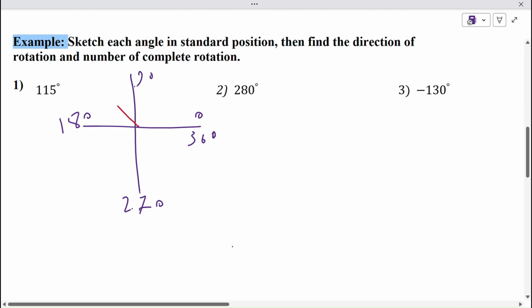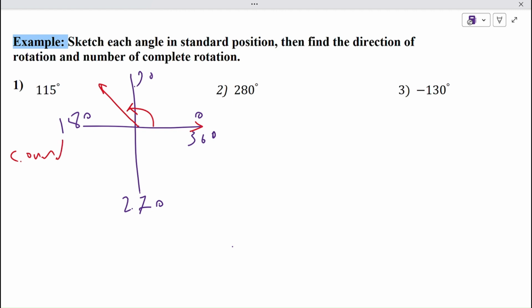This is the terminal side, and this is the initial side. So for 115, the direction of rotation is counterclockwise. Look here, this is counterclockwise because our angle is positive. Sorry guys, there is a trouble with my pen.